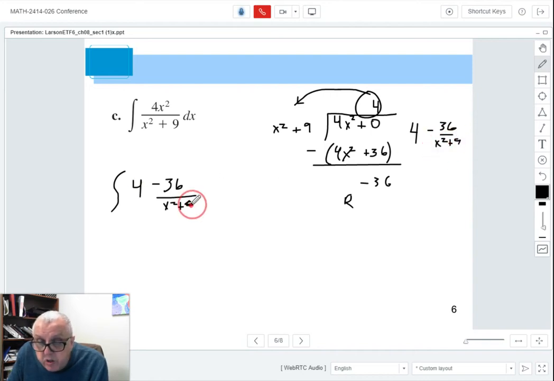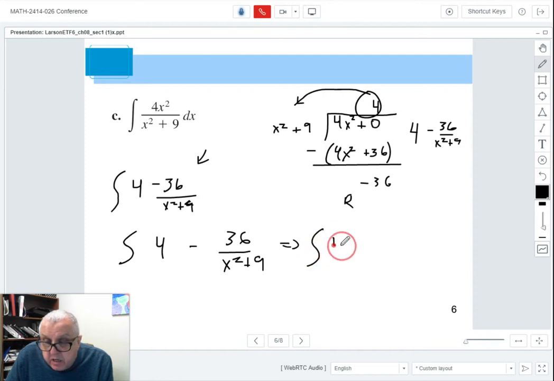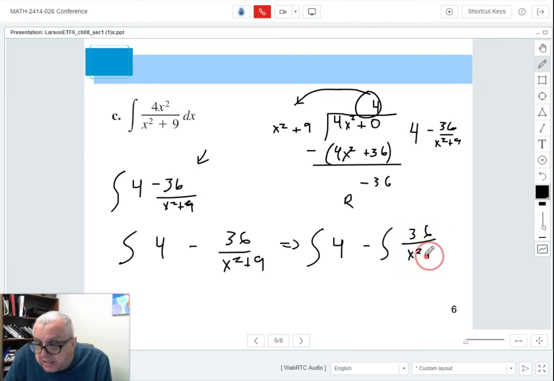So this is what I'm down to integrating here: integrating 4 minus 36 over x squared plus 9. So this is where I'm at. And since there's a minus separating, I can integrate 4 minus the integration of 36 over x squared plus 9.